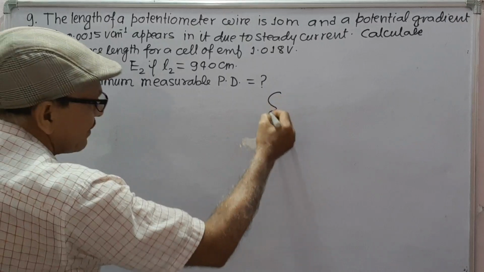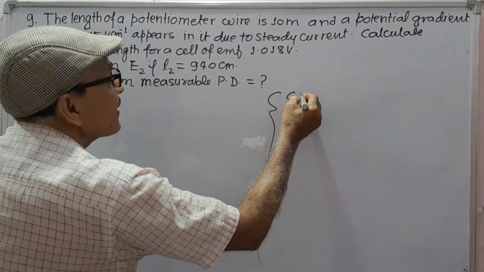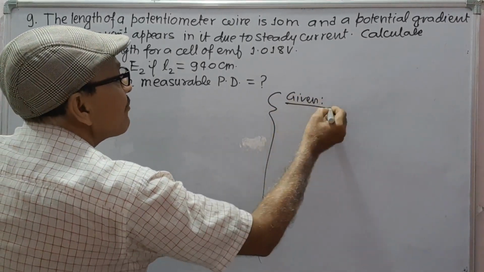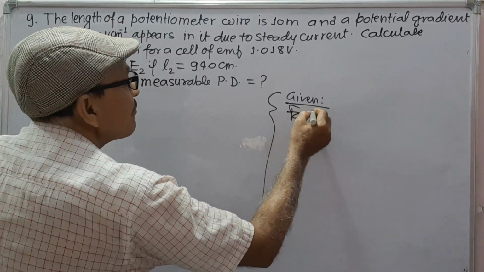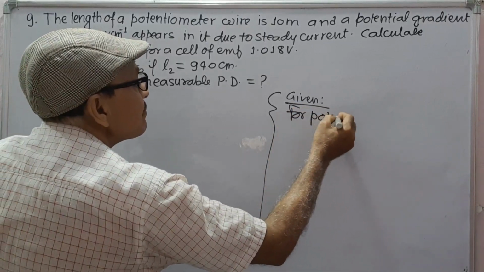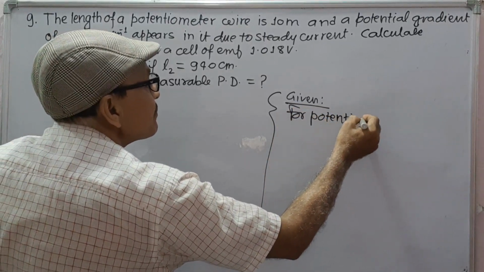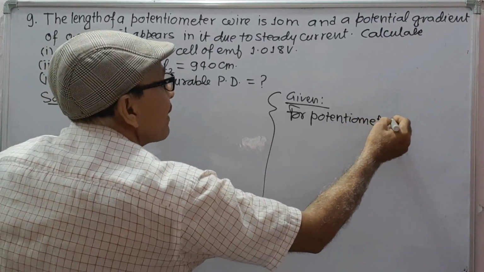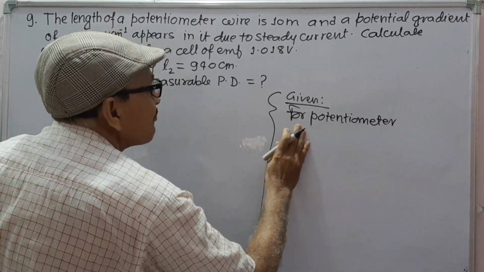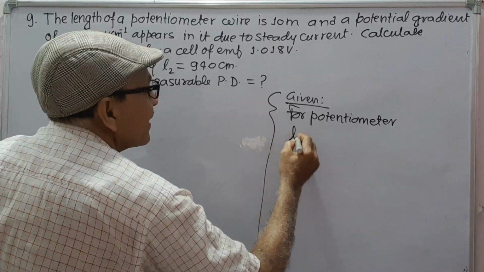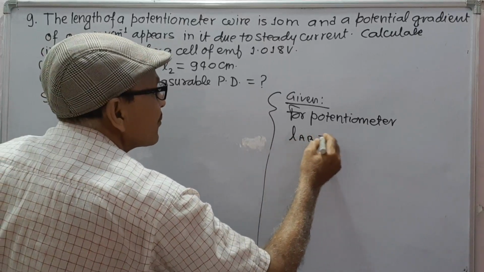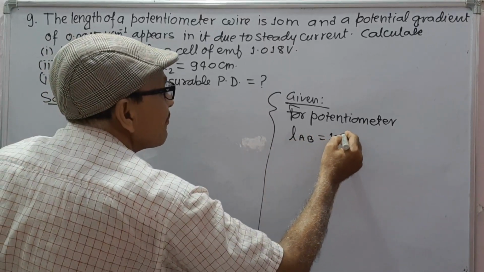Here given for potentiometer, length of potentiometer wire is LAB is equal to 10 meter.